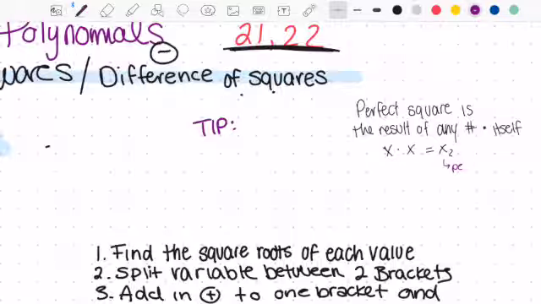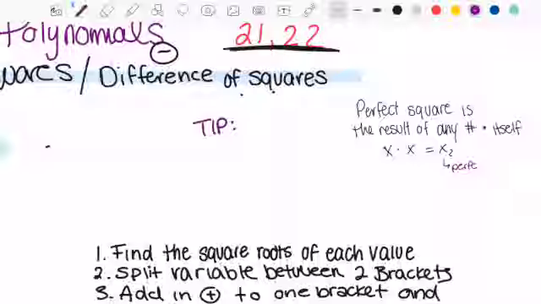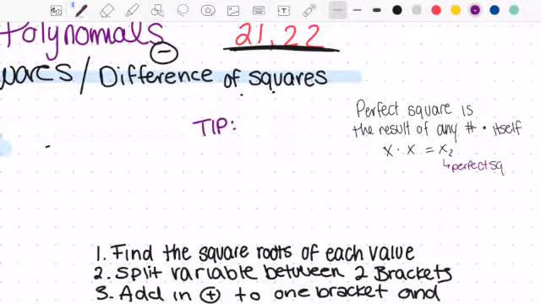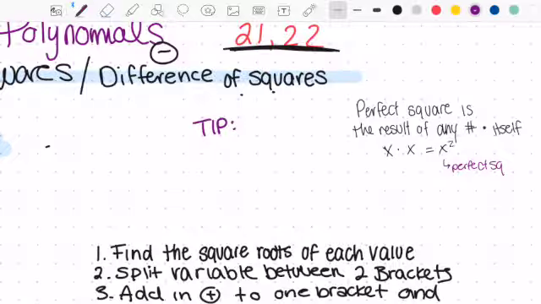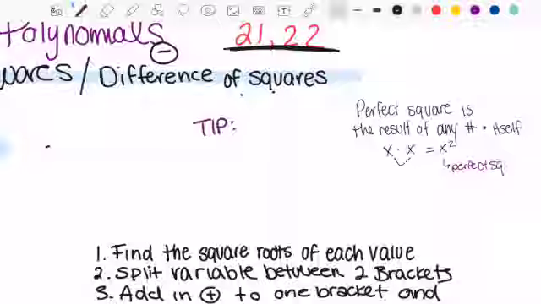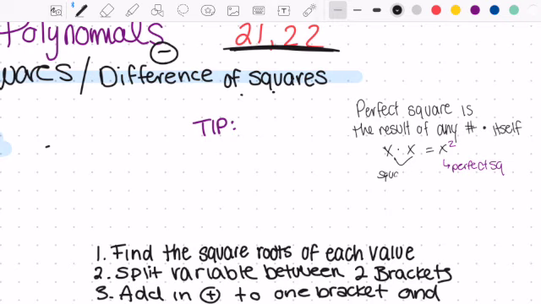The x squared is a perfect square. I wrote that out wrong, so I'm going to put that 2 up where it's supposed to be. And then these guys here are what we call the square roots of x squared.